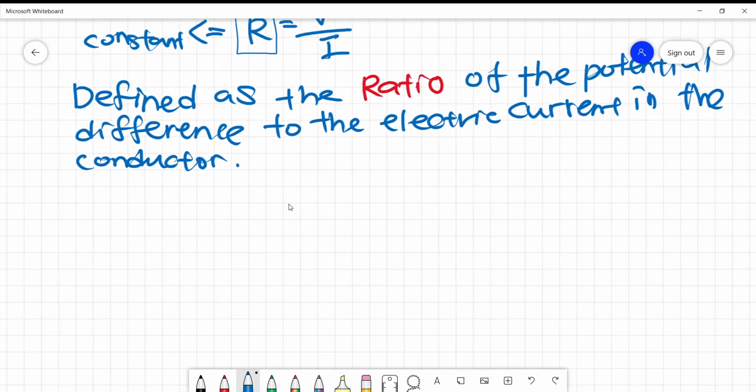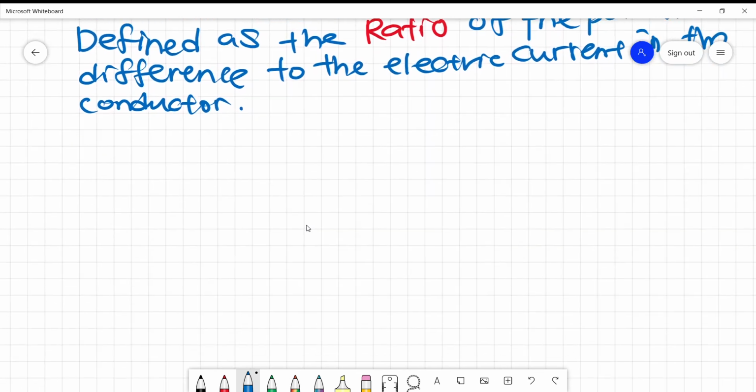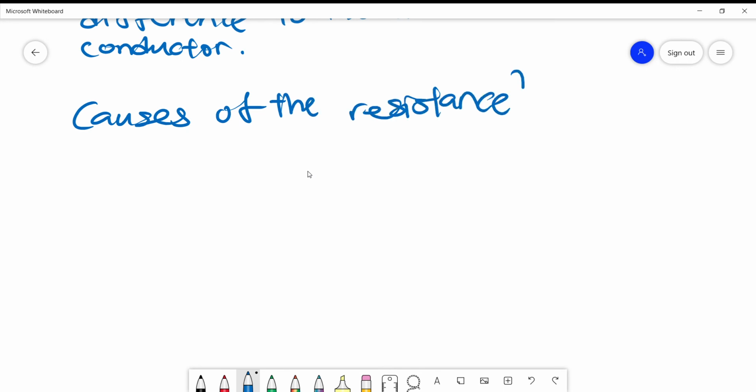After introducing the resistance, we need to know what the causes of the resistance are. What are the causes that will cause the resistance to the wire?